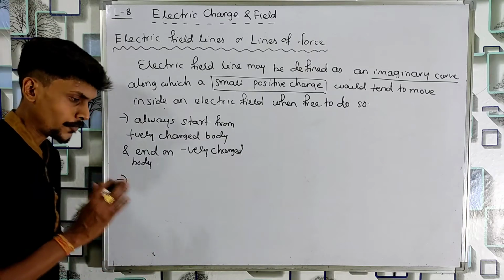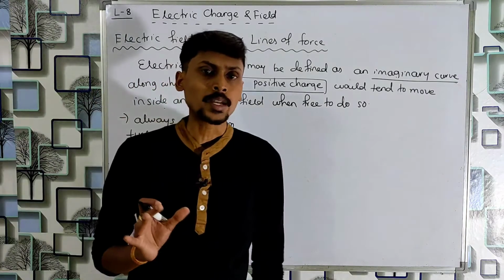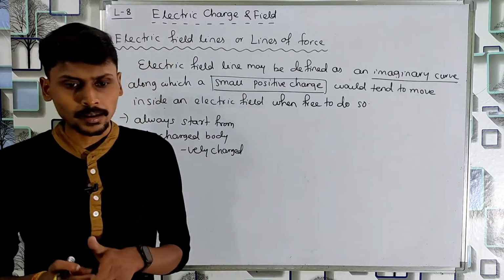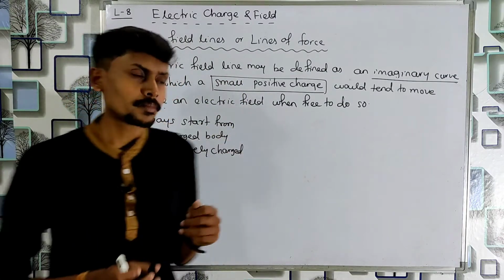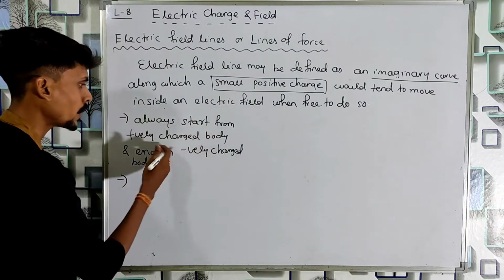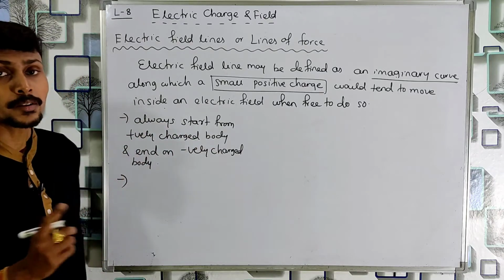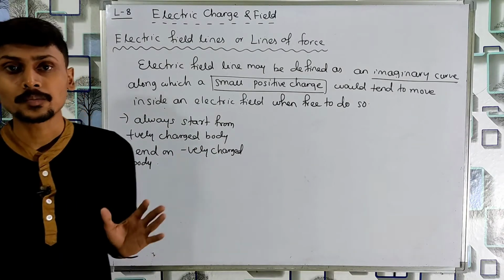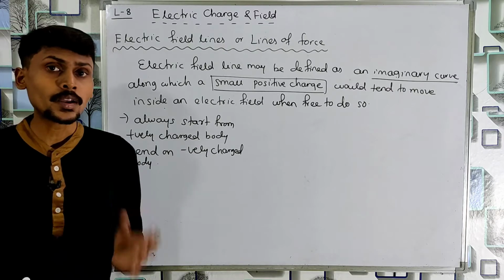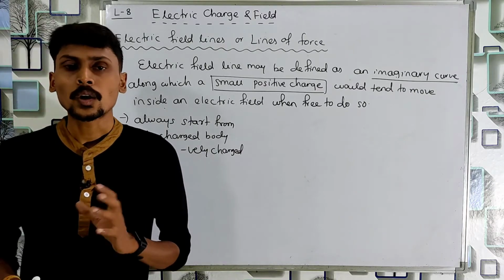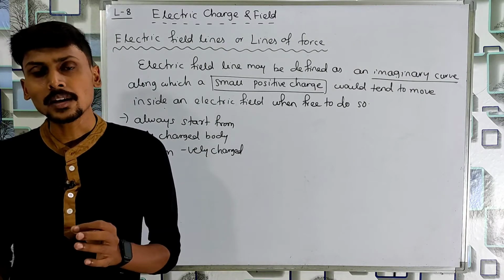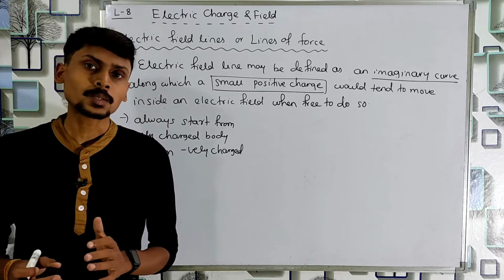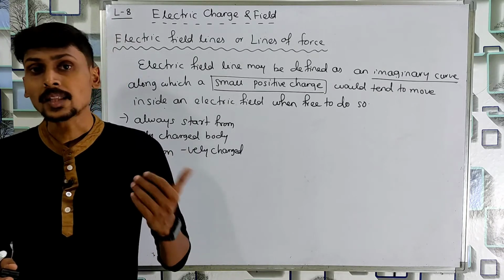If there are both positive and negatively charged bodies, then obviously the lines will start from positive and end on negative. But if we have only a positively charged body, in the absence of a negatively charged body, what will happen? The electric field lines will start from the positively charged body and end at infinity.